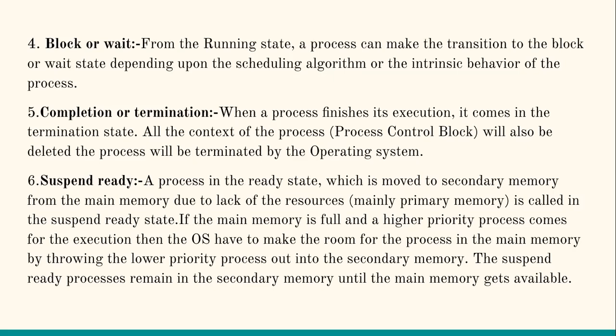From the running state, a process can make the transition to the block or wait state depending upon the scheduling algorithm or the intrinsic behavior of the process. The next state is the completion or termination state. When a process finishes its execution, it comes into the termination state. All the context of the process which is stored in the PCB, or process control block, will also be deleted.